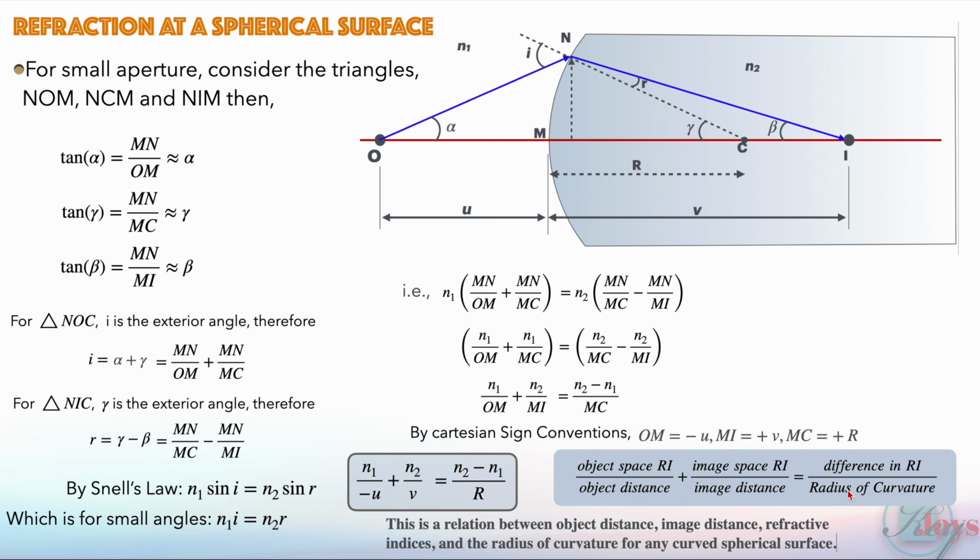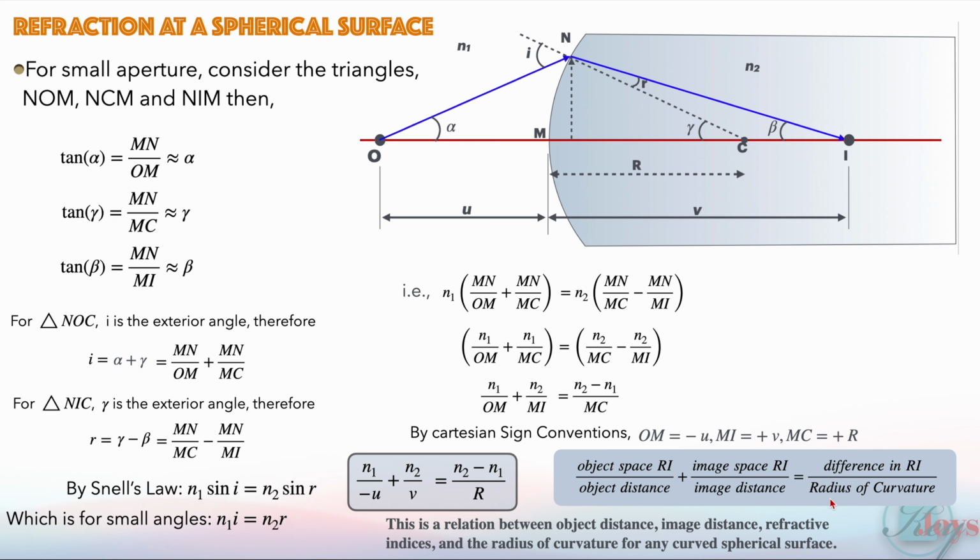So this is the relation between object distance, image distance, refractive indices and the radius of curvature for any curved spherical surface. And just remember, this equation is valid even for a concave surface, not only for the convex surface which we have taken here. Even for a concave surface, the same equation is applicable.